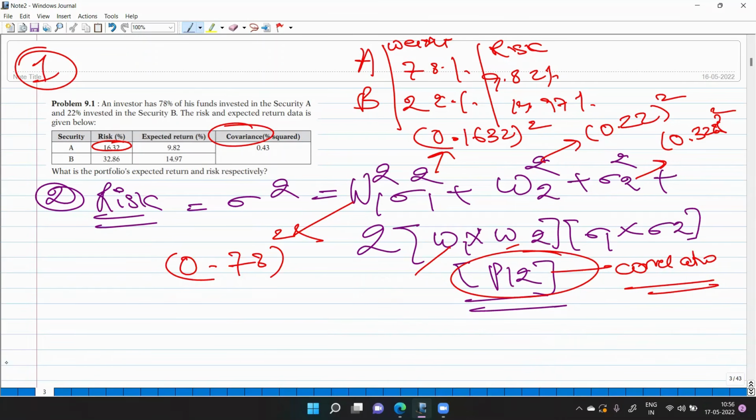If we go back to the formula list, covariance is nothing but P12 into this into this. So I will be substituting these values in my formula.